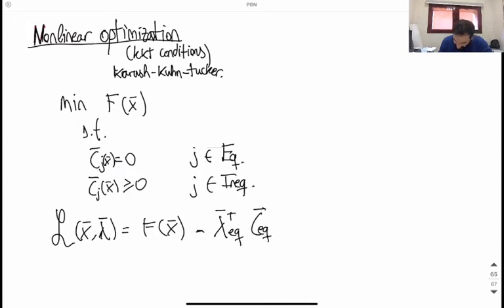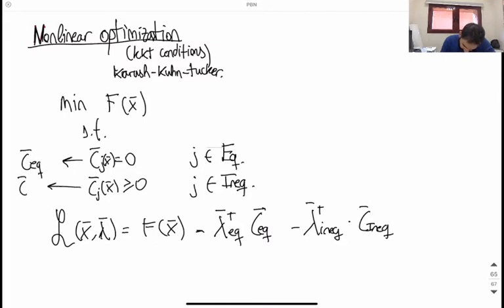We substitute j by c equality just for the sake of clarity, minus lambda transpose inequality times c inequality. And notice that the inequality constraints might be inactive, in which case we don't have problems, or active, in which case they work as if they were equality constraints.